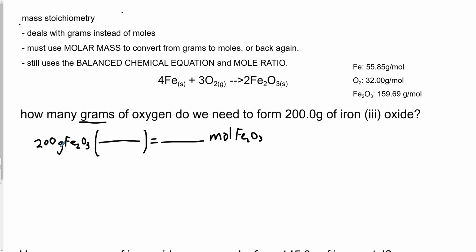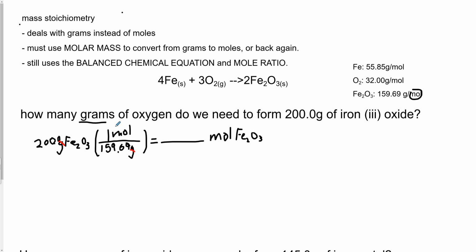So how do I turn grams into moles? Well, I need moles on top, so the moles number is going to go up top here. And my grams number, 159.69, will go on the bottom. Why do we do it this way? Because grams on top cancels grams on the bottom.